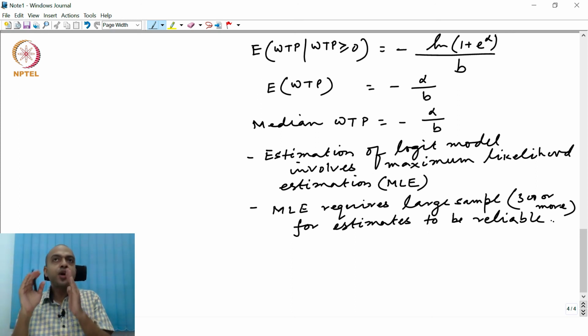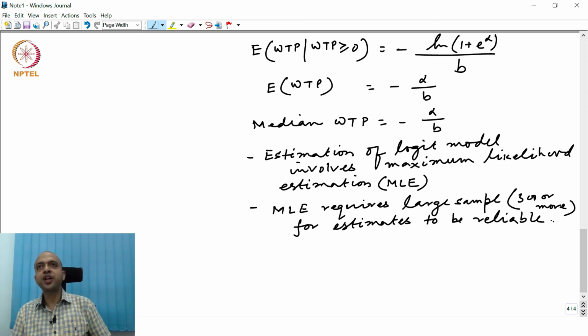So whenever we are interested in conducting this type of willingness to pay study, we cannot simply collect data from some 50, 60 or 100 households, because we cannot rely on the estimates of alpha hat and beta hat derived from such a small sample.